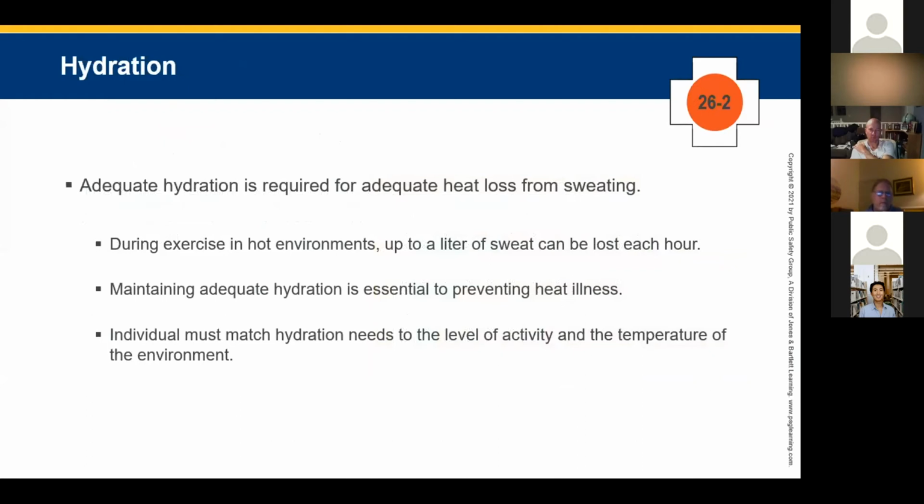So when it says adequate hydration, what do you think that is? Just making sure that there's enough fluid on board to compensate for any loss of fluid, like sweating or whatnot, and not have any internal temperature rising.